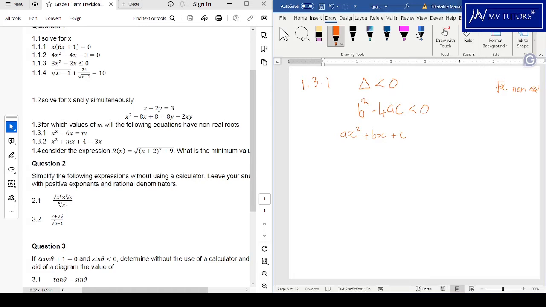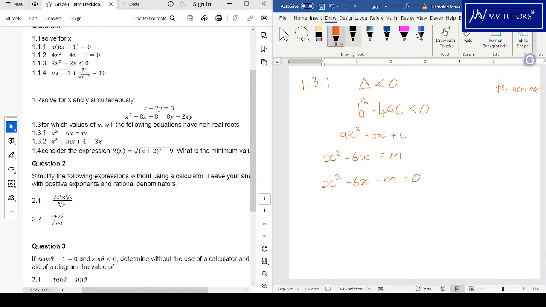Okay, now let's look at the equations we are given. In the first one, we are given x squared minus 6x is equals to m. So I have to take m to the other side so that it's in the standard form, and I'll have x squared minus 6x minus m is equals to 0.